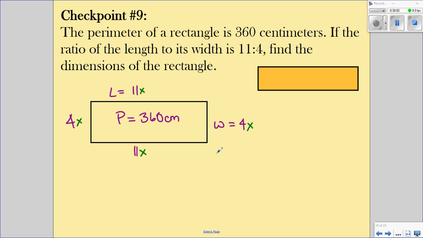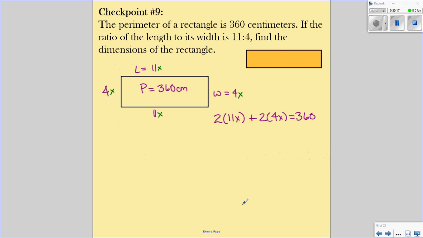So since there's two widths and two lengths, you have 2 times 11x plus 2 times 4x, and you equal it to 360. It doesn't matter how many times I say this, some of you might fall into that same trap and not realize that you need to add up all 4 sides, and end up doing 2 sides.